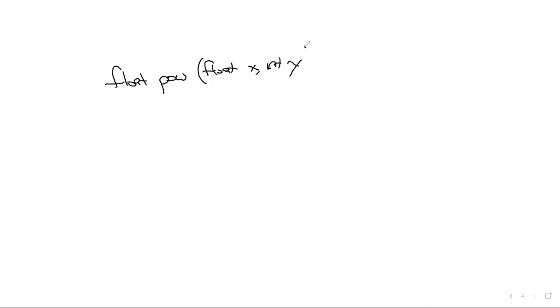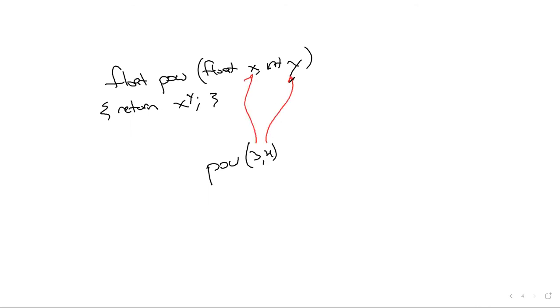It could be anything, right? And what it does is return x to the y. I don't care about the actual code. And we call this power function with a 3 and a 4. Then positional parameters would say that the 3 goes into the x and the 4 goes into the y. That's what's known as positional parameters.